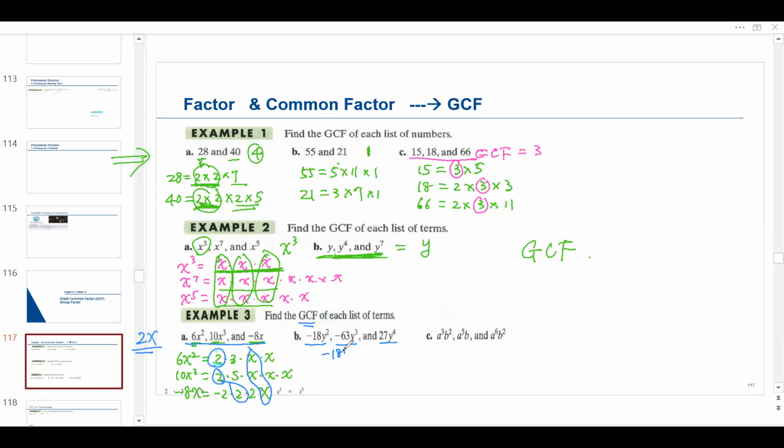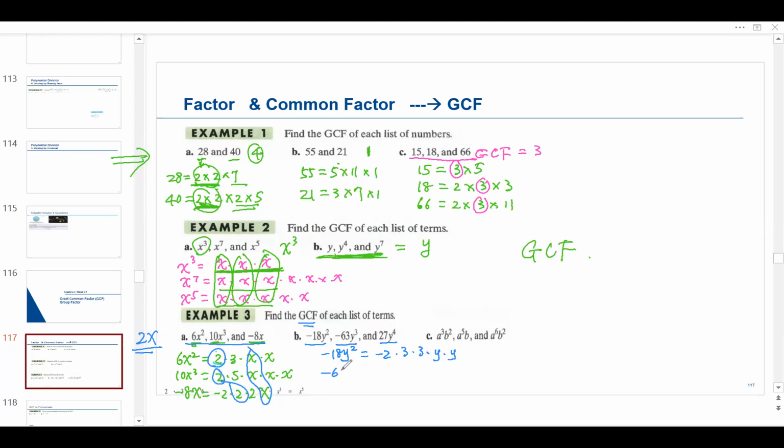Negative 18y squared actually can break it down into what? Negative 2 times 3 times 3, and y. Of course, if you can write a little bit better way. I just break it into prime numbers, and they cannot be further factored, right?